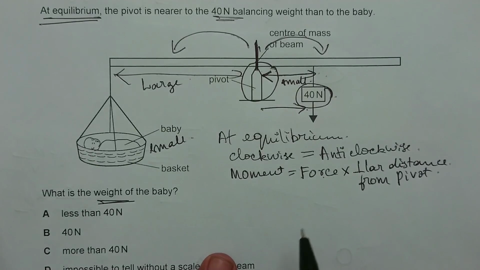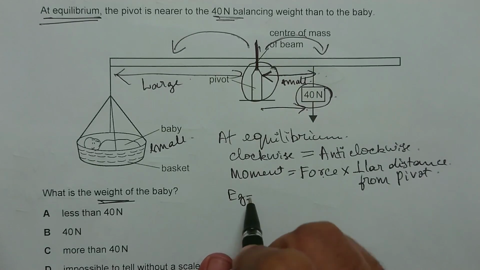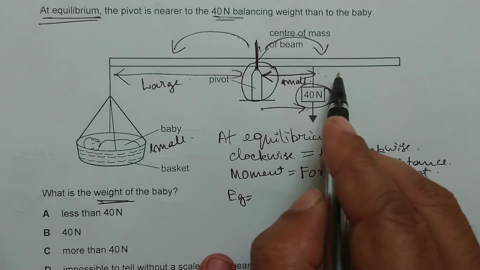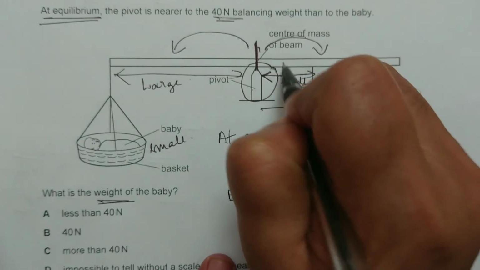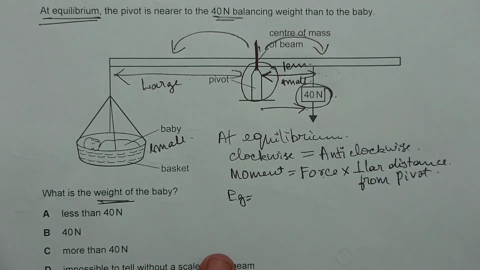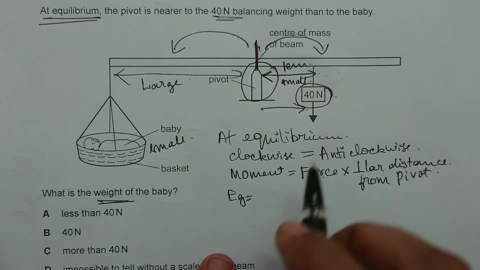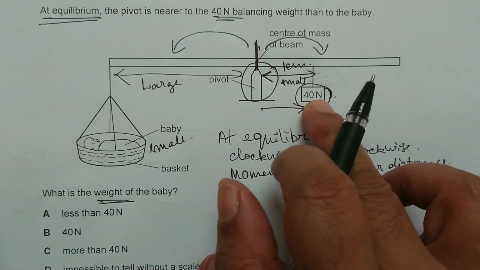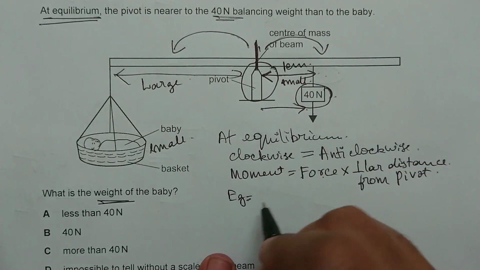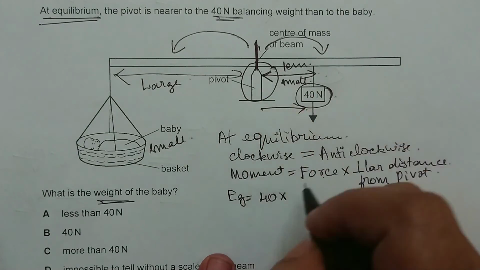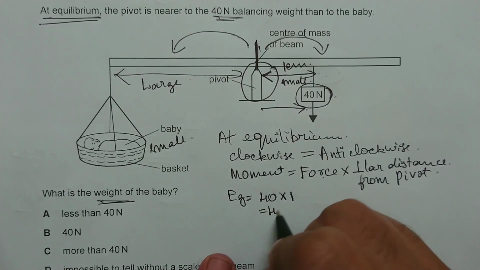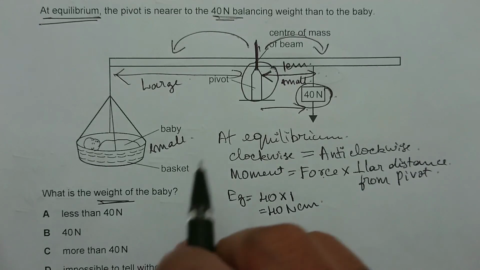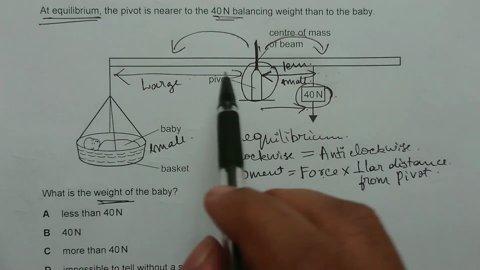Correct? For example, let us say that this distance is equal to 1 centimeter. Clear? Then what is the moment of force? Force is equal to 40 Newton times the distance, that is 1. That is equal to 40 Newton centimeter. Correct? What about this one?